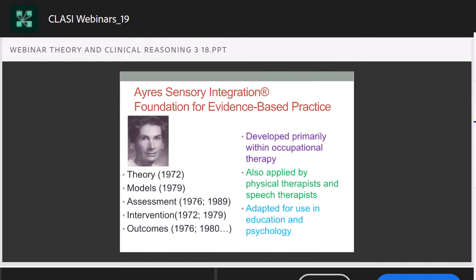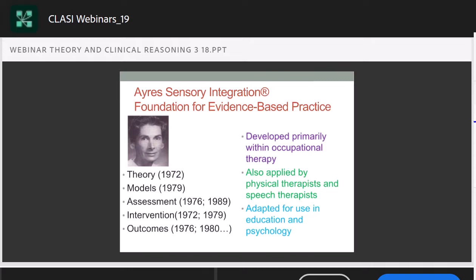She was a psychologist and occupational therapist, and most of the developments in Ayres sensory integration have been done within and by occupational therapists. It's also been applied by physical therapists and speech therapists, and has been adapted for use in education and psychology.